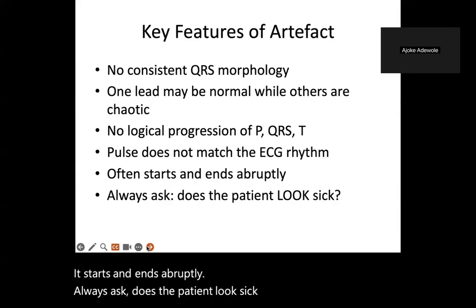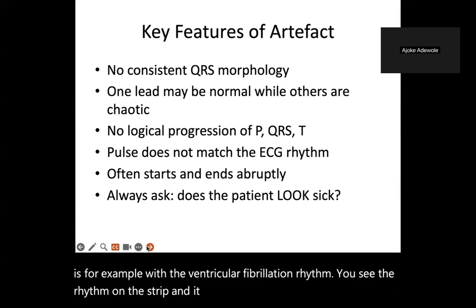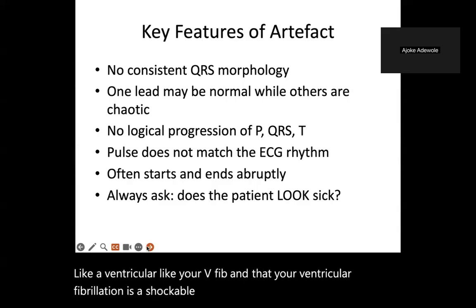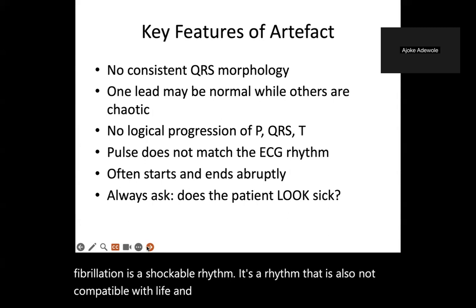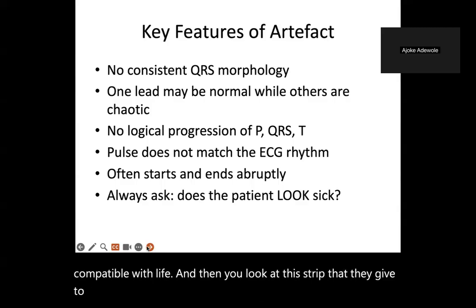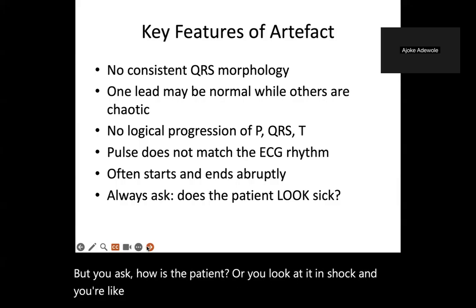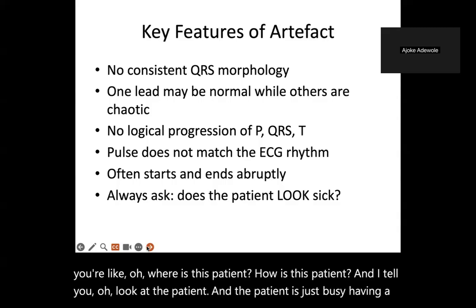The example I like to use is the ventricular fibrillation rhythm. You see the rhythm on the strip and it looks chaotic, like V-fib. And you know that ventricular fibrillation is a shockable rhythm. It's a rhythm that is not compatible with life. Then you ask, how is the patient? They tell you, look at the patient, and the patient is just busy having a cup of coffee, talking to the nurses.